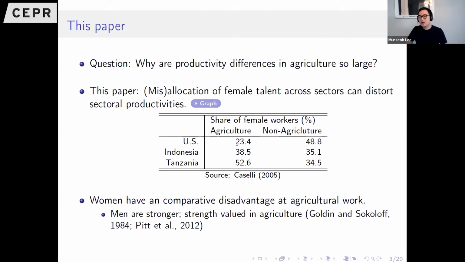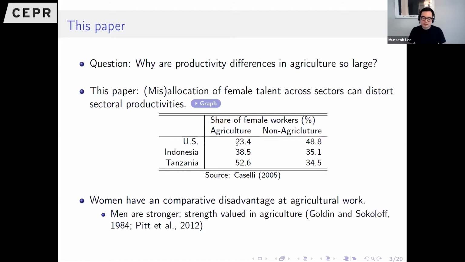But if you look at Indonesia or Tanzania, especially Tanzania, more than half of the agricultural workers are female, and only 35% of the non-agricultural workers are female. I will try to interpret the discrepancy in these numbers through the lens of the comparative advantage structure by gender across the two sectors.